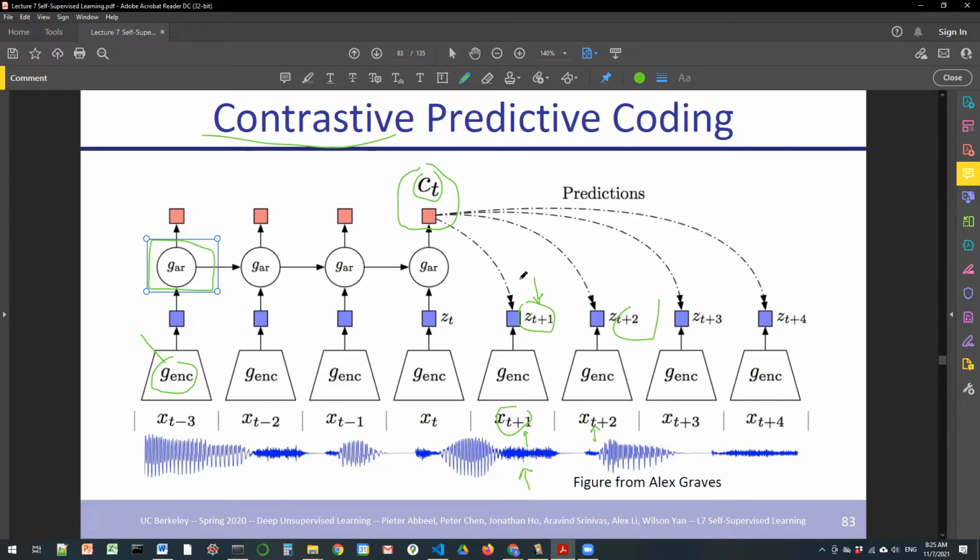predictive encoding becomes important. Now, one other thing which is kind of interesting in this case is, even though I use the word future and past and so on, there's no reason why it ought to only go from the past to the future. You can conceptually set it up to have words from the future predict the past.